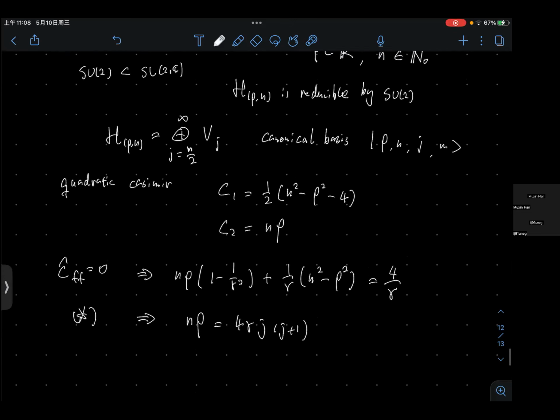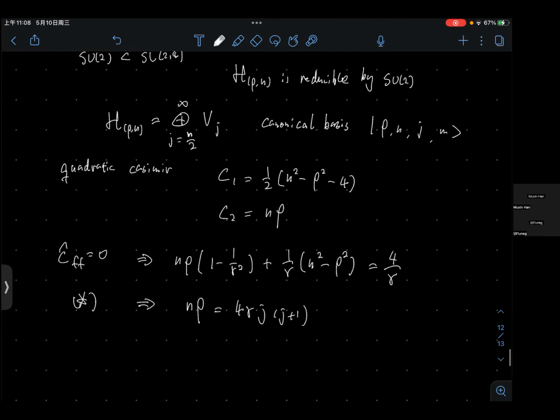Okay, so now you can plug in this equation into Mathematica, for example, and then just solve for n and rho. Okay, so you will get the solution of n and rho. So you will get rho equals 2 gamma j, times 1 plus some order.